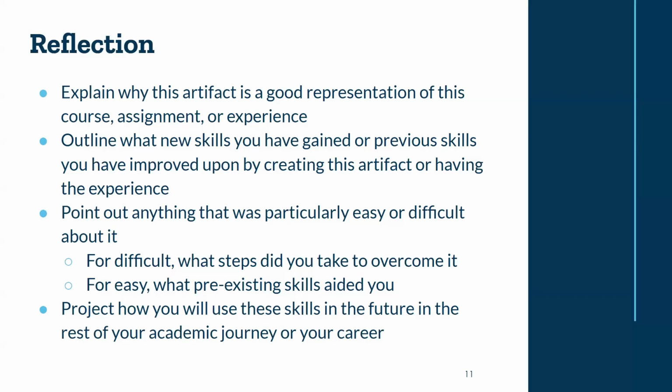Do you have these research skills, complex thinking skills, that kind of thing. You're doing what we call metacognitive work. You don't need to remember the term metacognitive, but basically, you want to think about your thinking, think about the process of making it. You can point out anything that was particularly easy or difficult about completing it.